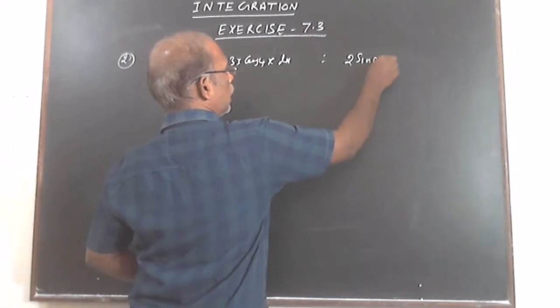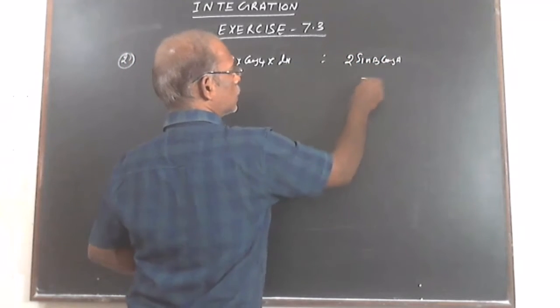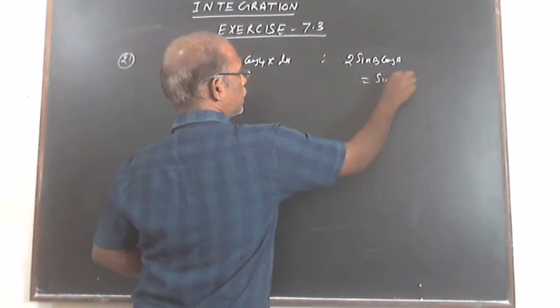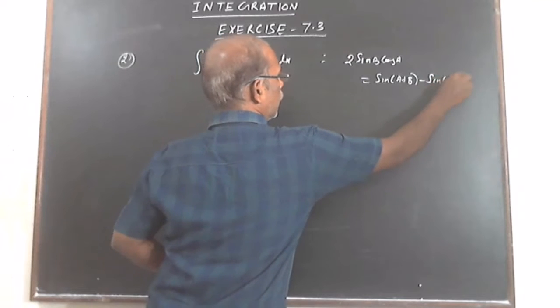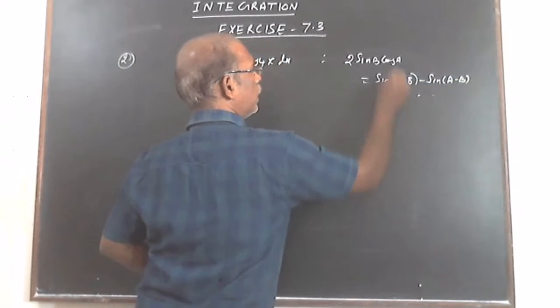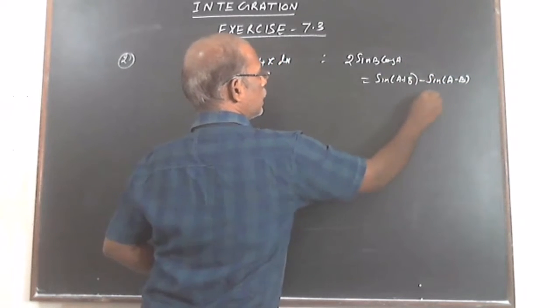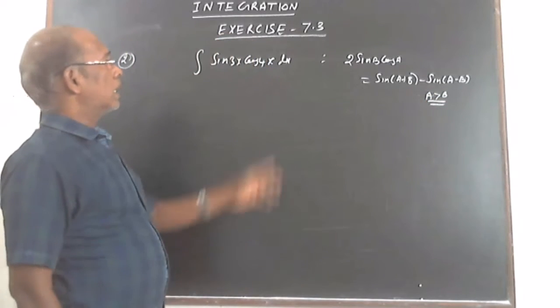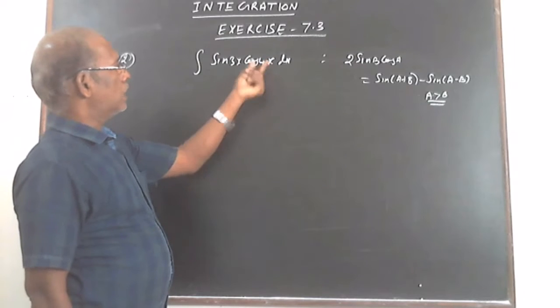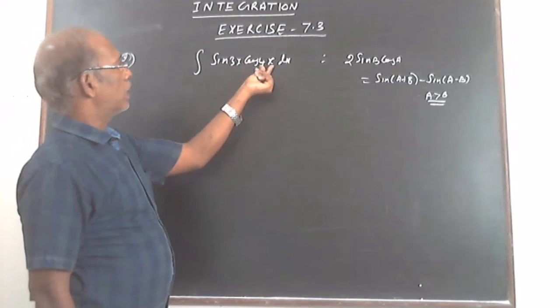We use the identity 2 sin b cos a equals sin of (a plus b) minus sin of (a minus b). Here a is greater than b, meaning a is the greater angle and b is the smaller angle.